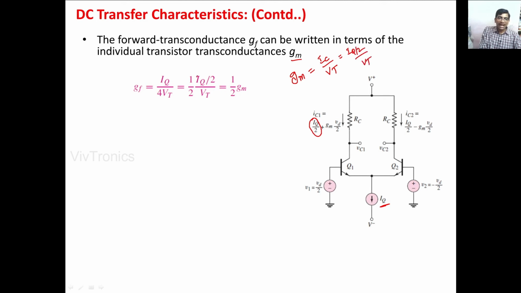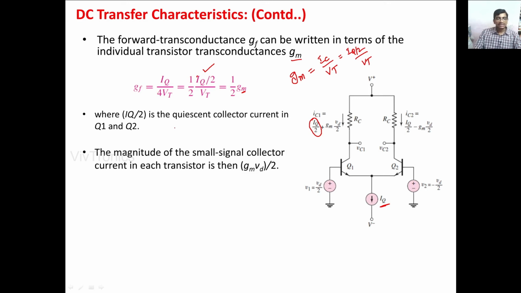So IQ by 2 divided by VT can be taken as GM, and we have 1 by 2. Therefore, the forward transconductance GF will be equal to 1 by 2 of GM, the individual transconductance, where IQ by 2 is the quiescent collector current of the Q1 and Q2 transistors.